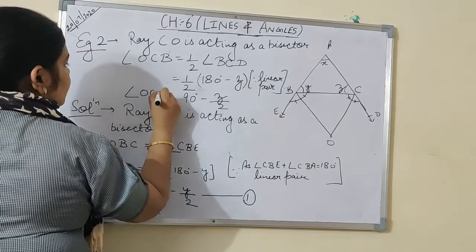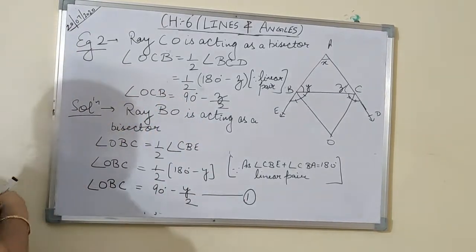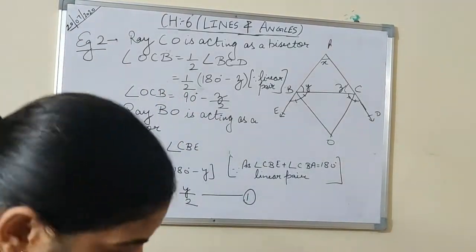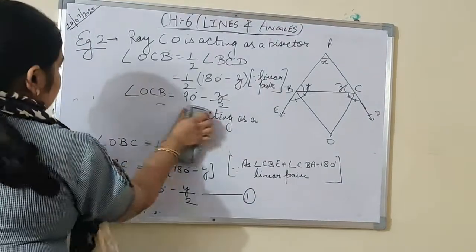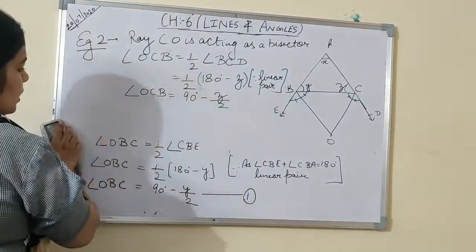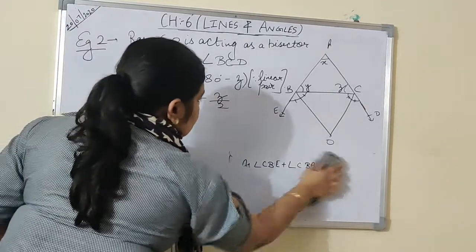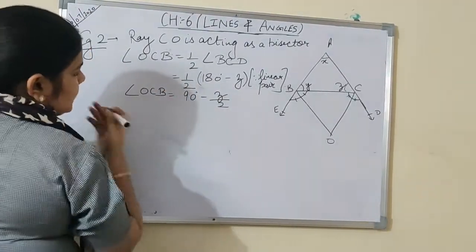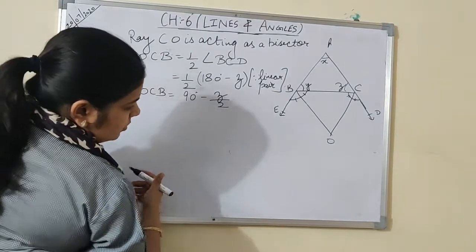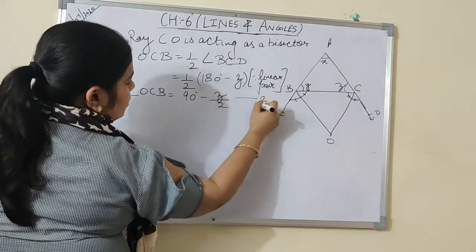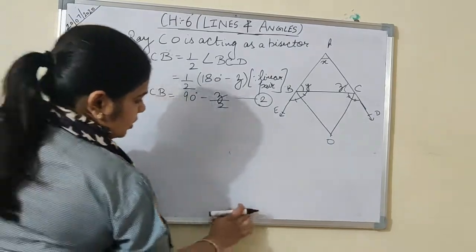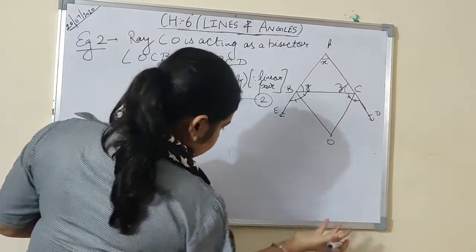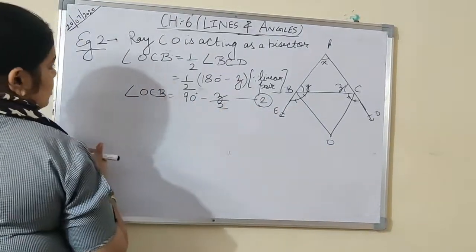So this is the value of angle OCB. Name this as equation number 2. I hope you have marked equation number 1.